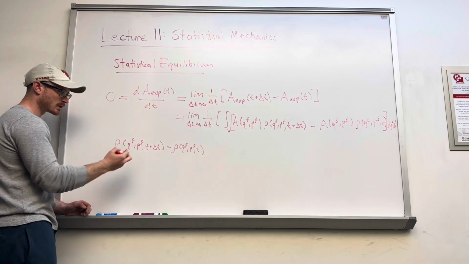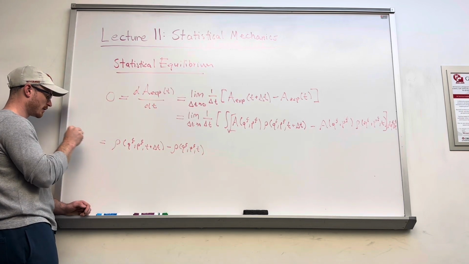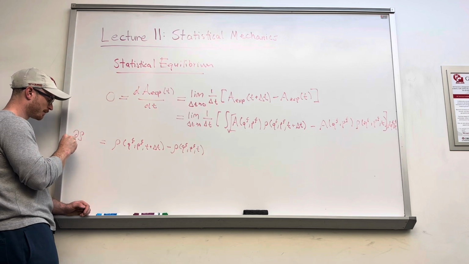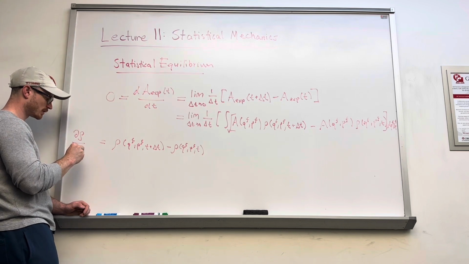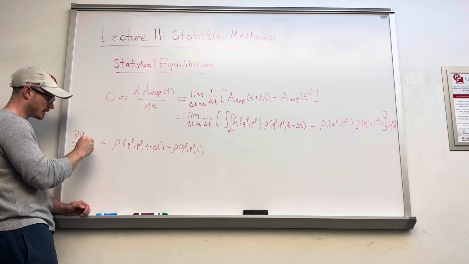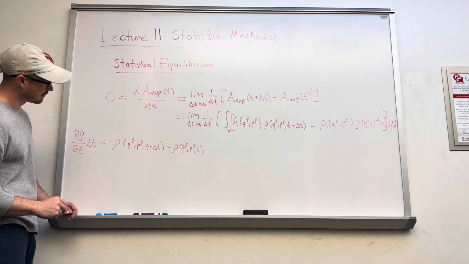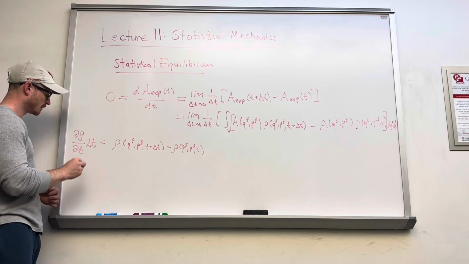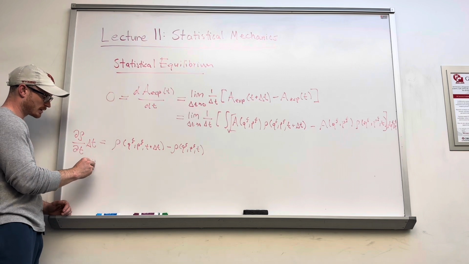We're going to write this with a first order Taylor expansion as partial rho partial t dt, right? This is a first order Taylor expansion.